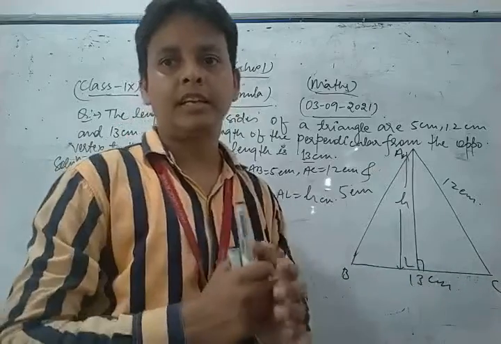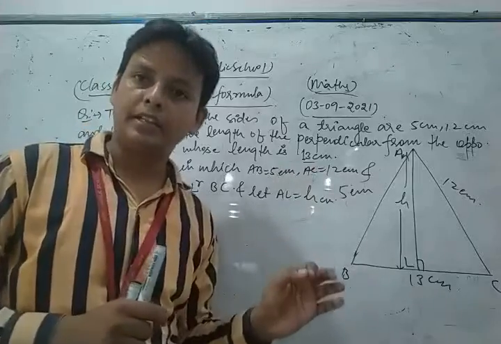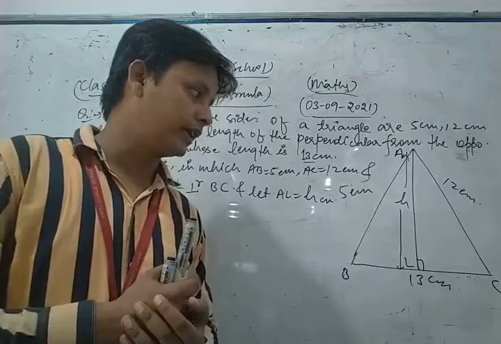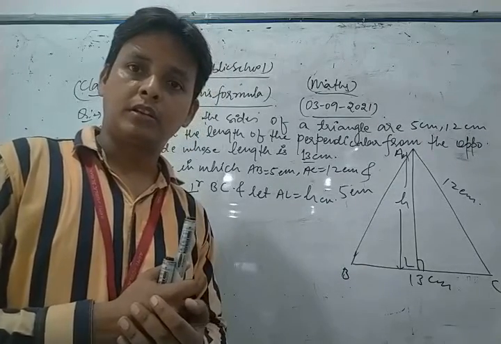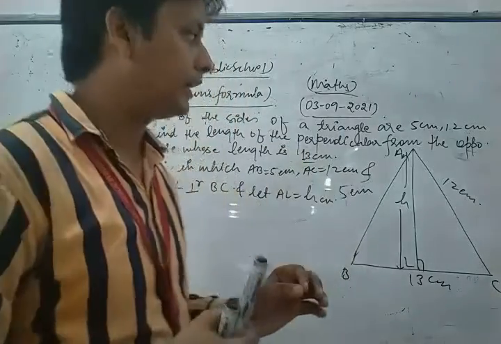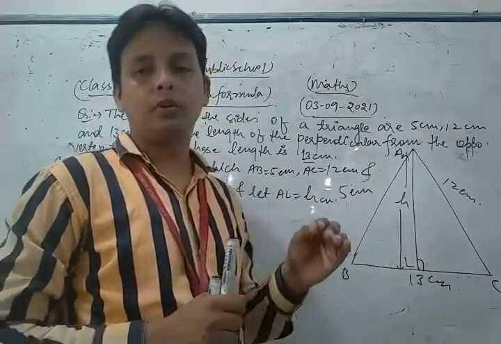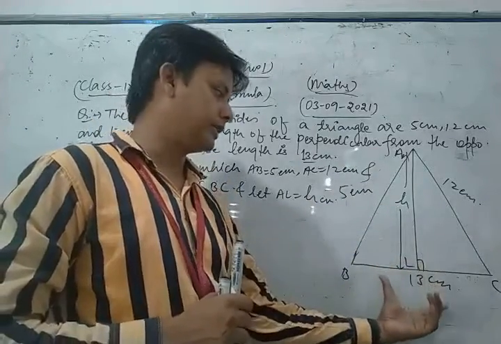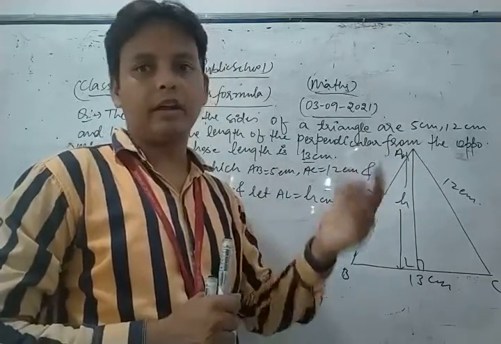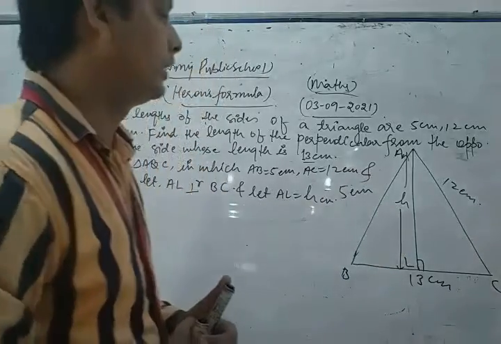After that, we apply again the formula for area of triangle ABC, which is 1 upon 2 base into height. If we take base as BC, then we take its corresponding altitude as AL. In this way we find AL. But before finding the value of AL, we find the area of triangle ABC.